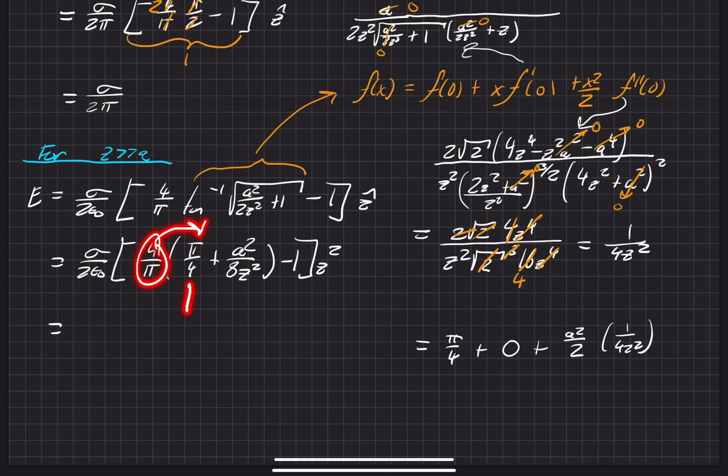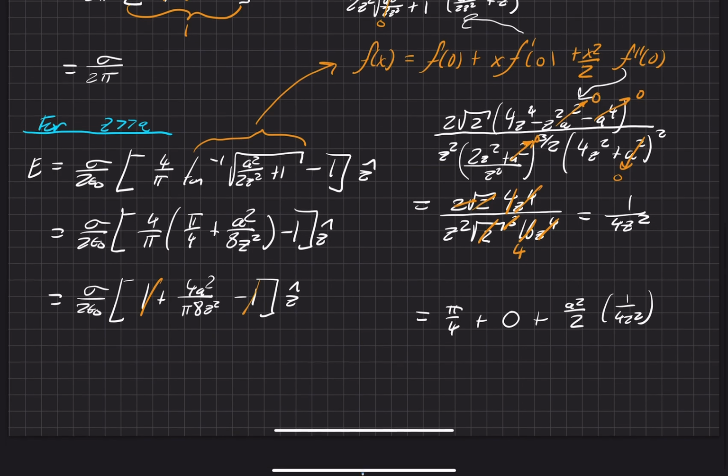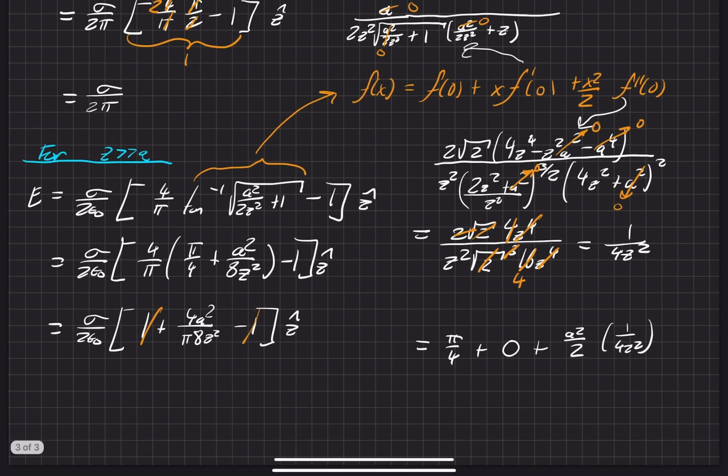So we'll have a 1 and then 4 pi times all this stuff right here. Let me do that real quick. Pi over 8z squared minus 1. This is all a z hat, by the way. Sorry, that was a z hat. Didn't mean to freak anybody out. These cancel out.